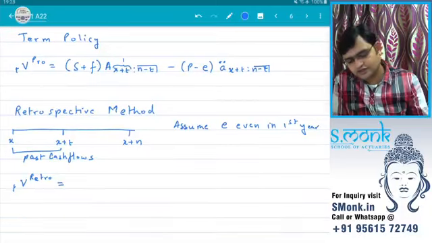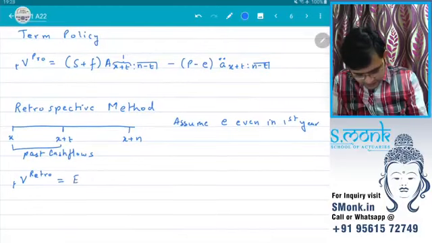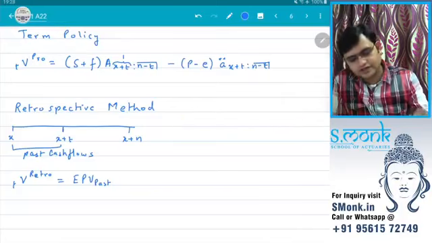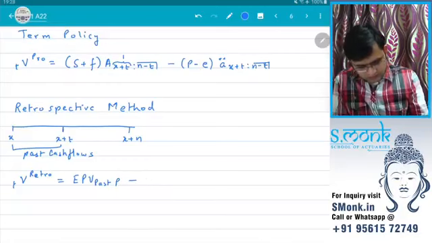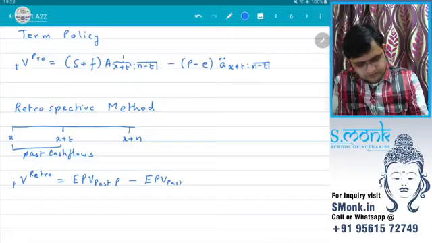So again, instead of this, first I will write expected present value of past premium, minus expected present value of past benefit plus expenses.